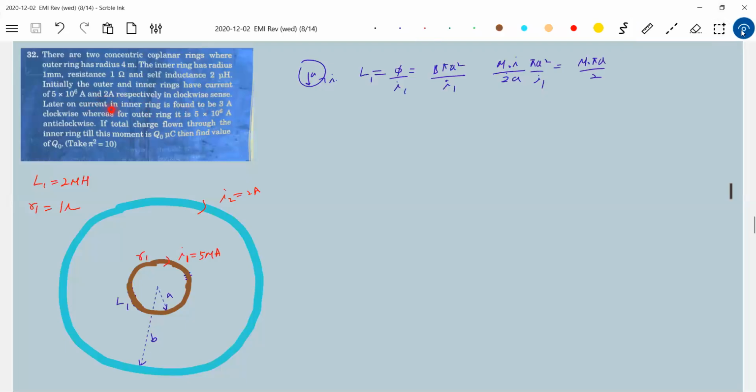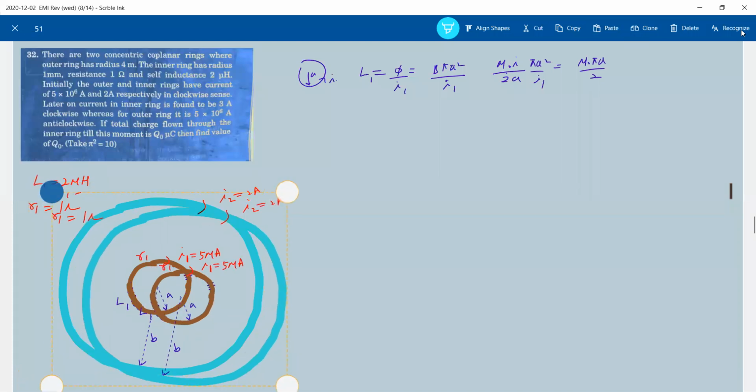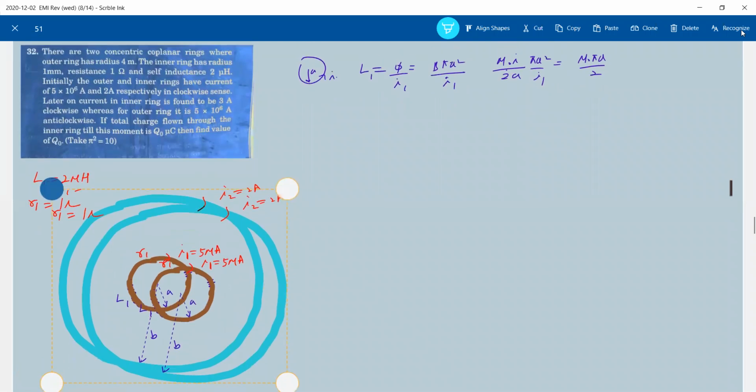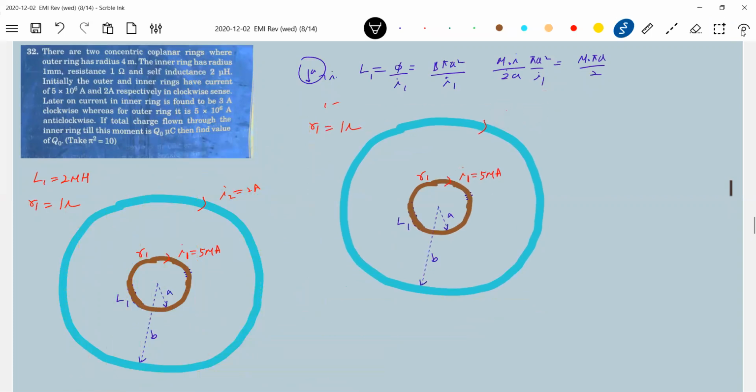What else? Later on, the current in the inner ring is found to be 3 ampere clockwise, whereas for the outer ring it is 5 microampere anti-clockwise. Okay, let me take the same diagram. Clockwise, and this is anti-clockwise.